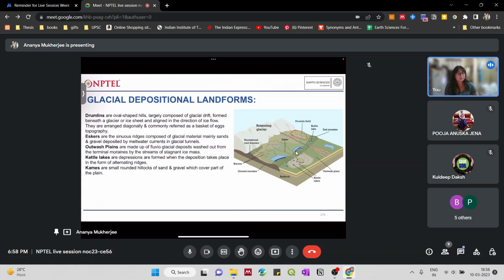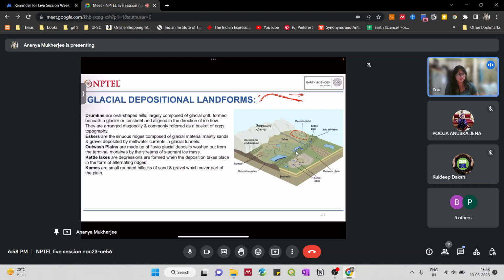Usually the drumlins are shaped like this, and the elongated part indicates the direction of glacial movement. The up-ice part is shorter, and the down-ice part is longer.